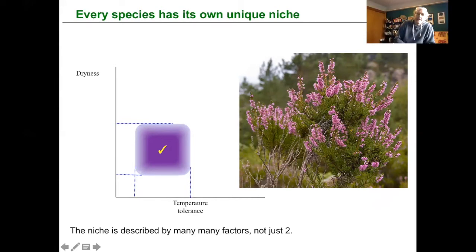Now, as I said, in these examples, we're describing the niche based on just two factors because it's easy to graph. But for each species, the niche is described by many, many factors, not just two.